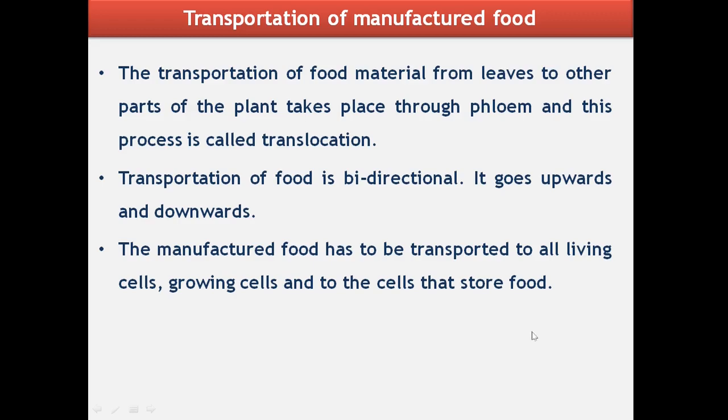It goes upwards and downwards, whereas the translocation of water is unidirectional from roots to leaves. But the manufactured food has to be transported to all the living cells, to the growing cells and the cells that store the food. That is why it is bidirectional. It goes to the flowers, fruits, stems and roots.